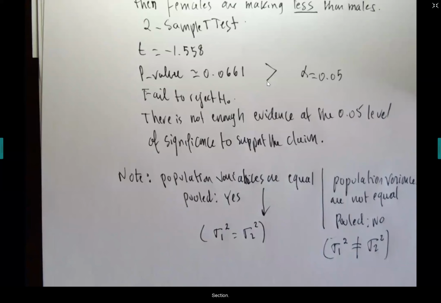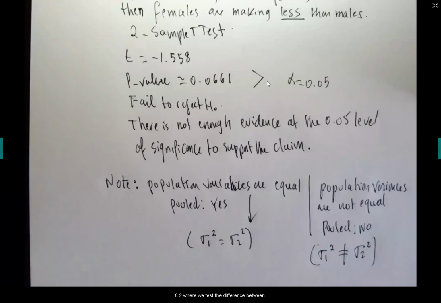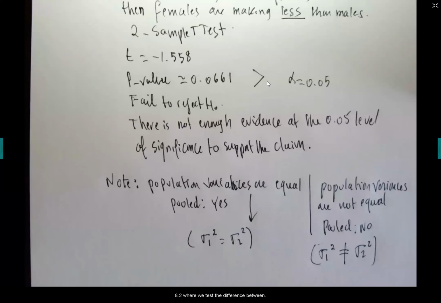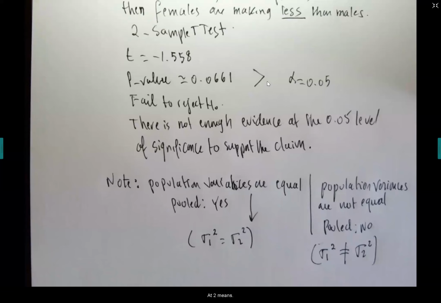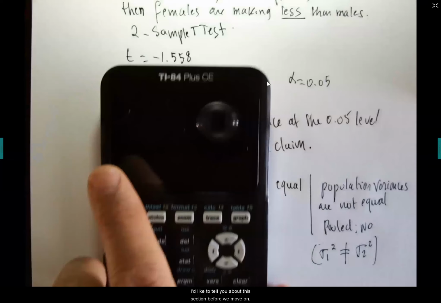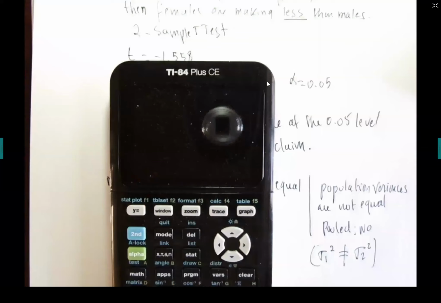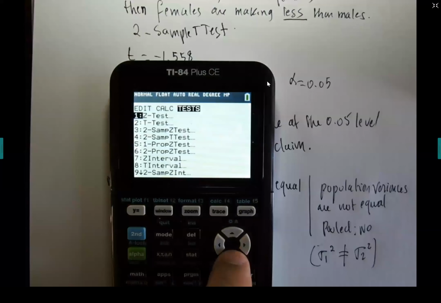Okay, so that is everything about section 8.2, where we test the difference between two means. We use the two sample t-test when he gives you the sample standard deviation S1 and S2. Now, one more thing, guys, I'd like to tell you about this section before we move on. Stat, tests. Let me show you something here.